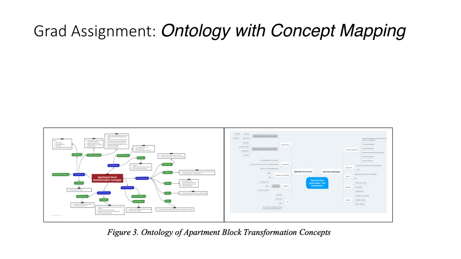This is an example of the ontology created using sketchboarding and then MindMeister. It is a mind map, but it was done to understand the layout of the work for the apartment block transformation concepts, to lay out the ideas in an ontology format. So that's the work.